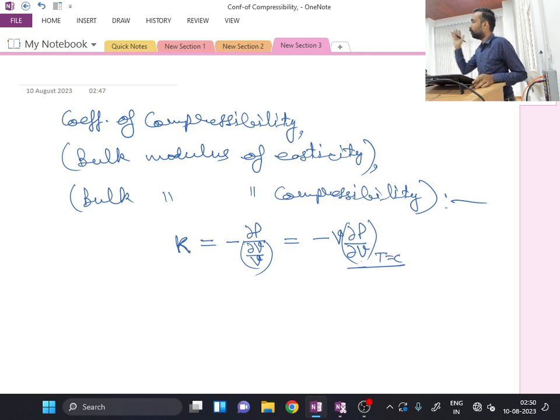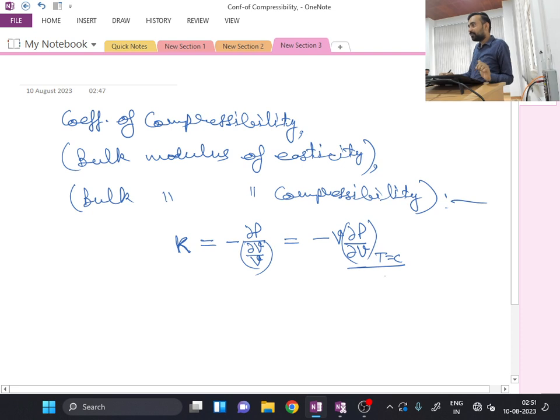Particularly in gas dynamics and flow over aircraft, which come under the subject of compressible flow, temperature does not remain constant, and for compressible flow analysis we define the isentropic compressibility. Over here, we will be considering temperature equal to constant. Okay, is this one clear?